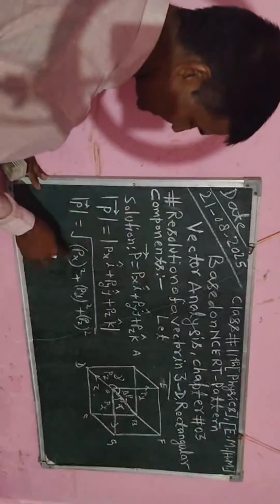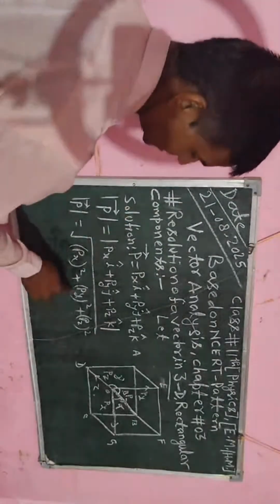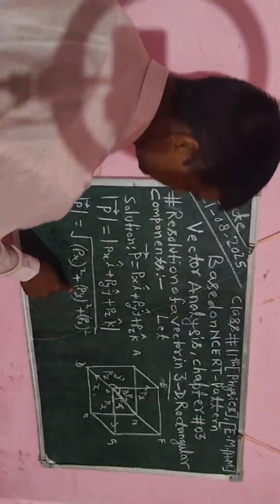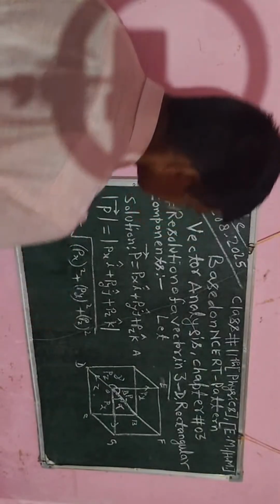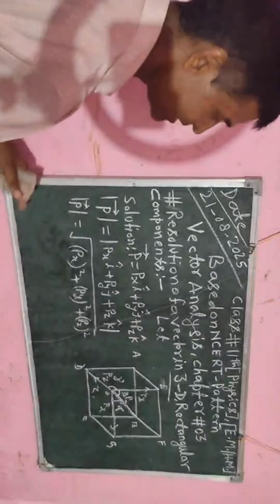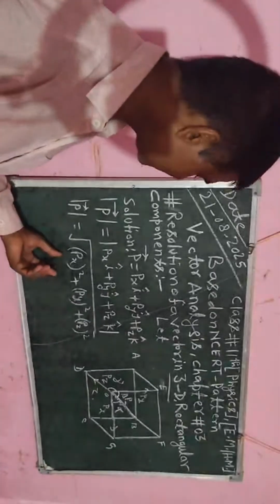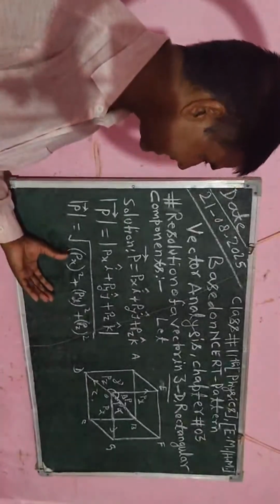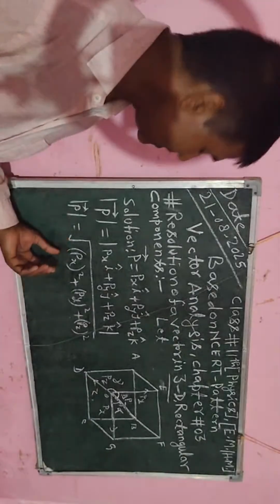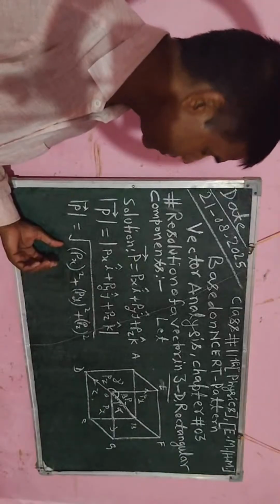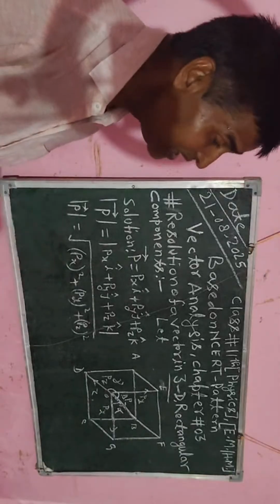This is the coefficient of vector i cap, this is the coefficient of vector j cap, and this is the coefficient of vector k cap. So I have taken all the coefficients, taken their squares, and then taken the summation. After taking the summation I will get a value, and then I will take the square root. That will become the magnitude of the given vector.